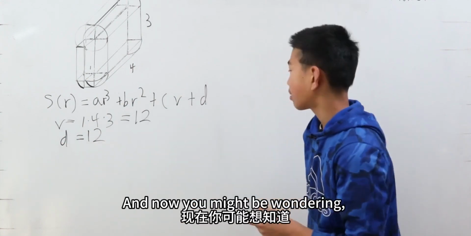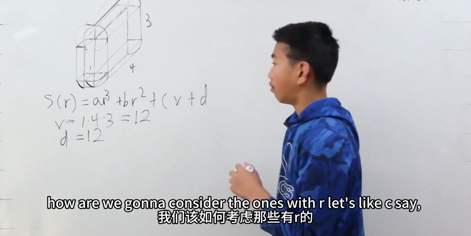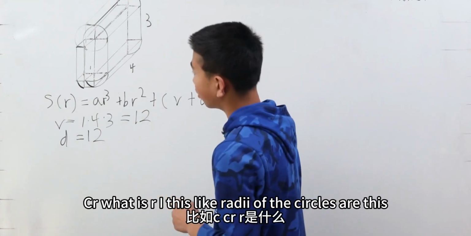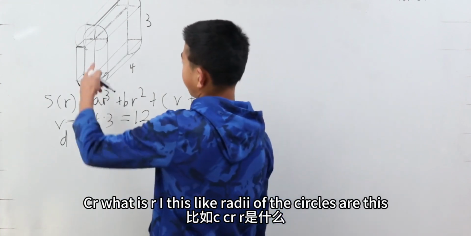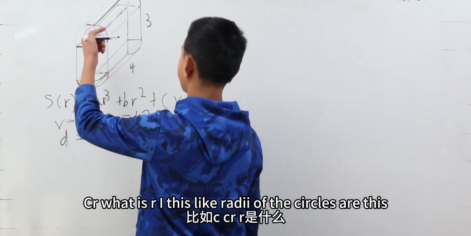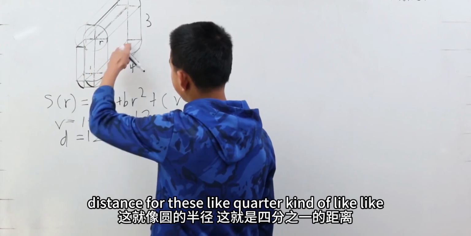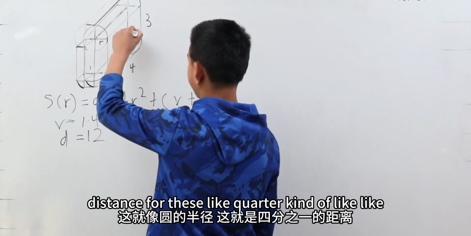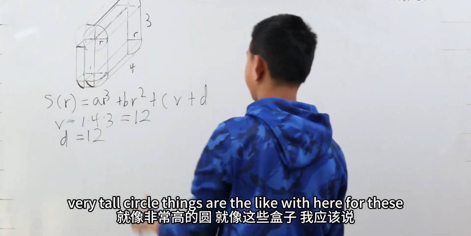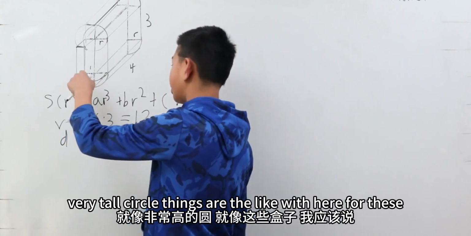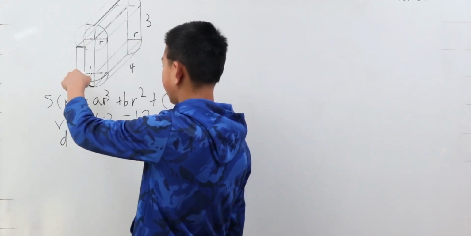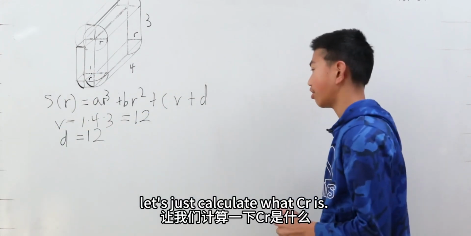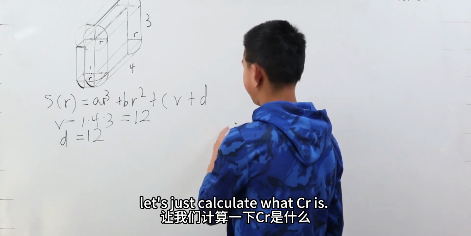Now you might be wondering, how are we going to consider the ones with R? So let's say CR. What is R? Well, the radius of the circles is R. This distance for these quarter tall circle things is R. The width here for these boxes is R. So with that being said, let's calculate what CR is.